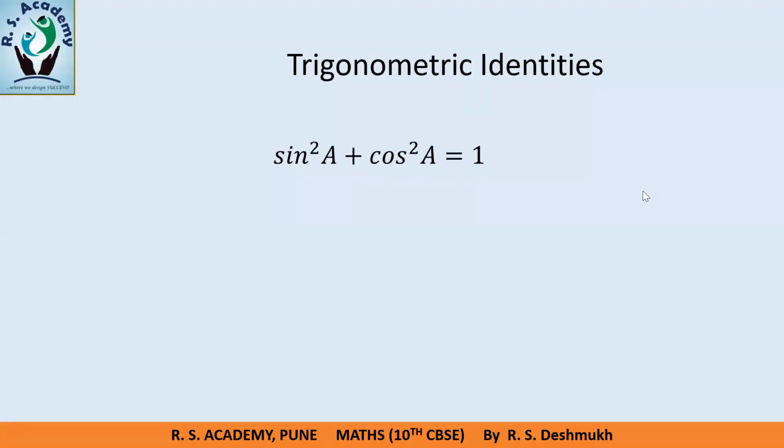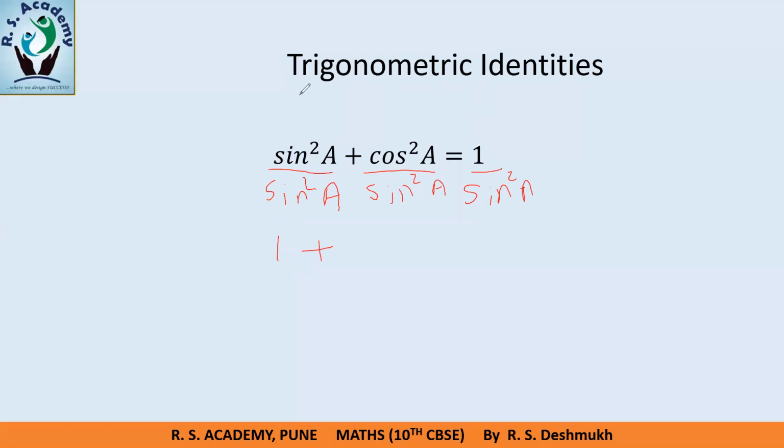So after getting sine square A plus cos square A is equal to 1, just see this identity. We will derive a number of identities from this. Divide this equation by sine square A, each and every term. Sine square upon sine square is 1.